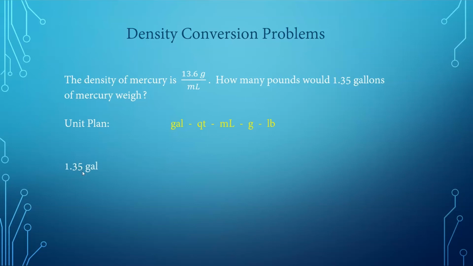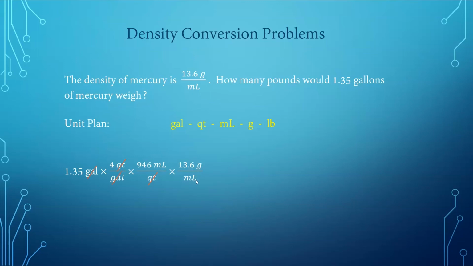We'll start out then with our 1.35 gallons and change that into quarts. And we put the quarts on the top so that the gallons will cancel. From there we'll go to milliliters, and again milliliters on the top so the quarts cancel. Then, using the density, we can go from milliliters to grams.